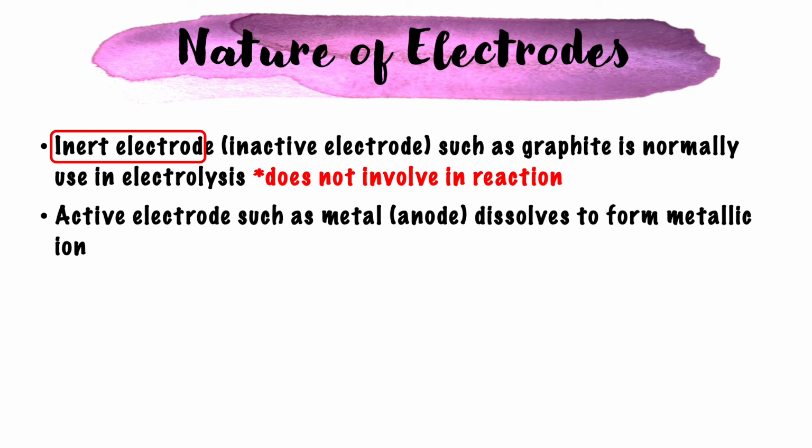Inert electrode, such as graphite, is normally used in electrolysis because it does not involve interaction, while active electrode, such as metal that acts as anode, dissolves to form metallic ion.